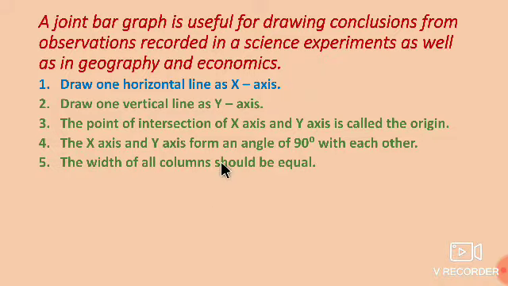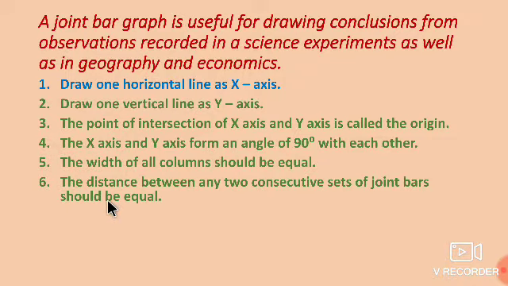The width of all columns should be equal. It is very important that all columns' width should be the same. And one more important thing is that the distance between any two consecutive sets of the joint bars should be equal.